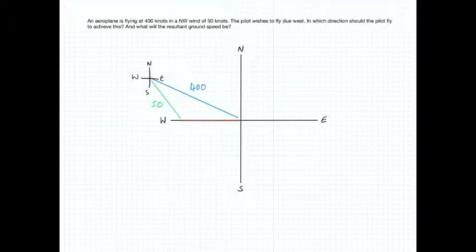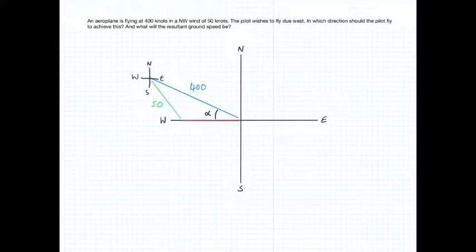So now we've got our vectors plotted out. Let's put in the information that we know or that we don't know, as the case may be. So we've got the length of that blue plane vector at 400 knots, but we don't know the direction in which that pilot has to go. So let's call that angle alpha. We do know that the wind speed, which has got a length of 50, is in a southeasterly direction.